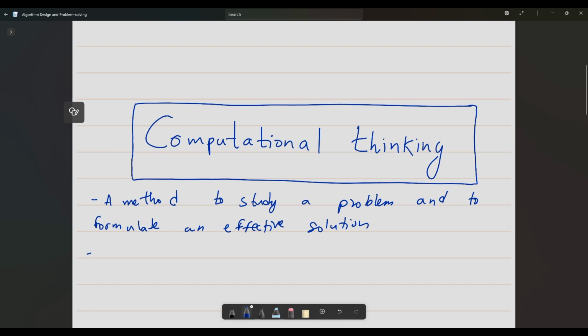After doing this, we need to make it in a way that the computer can also use it.